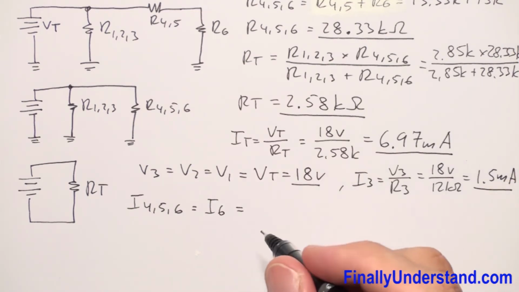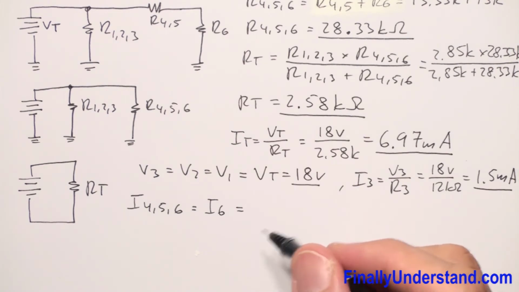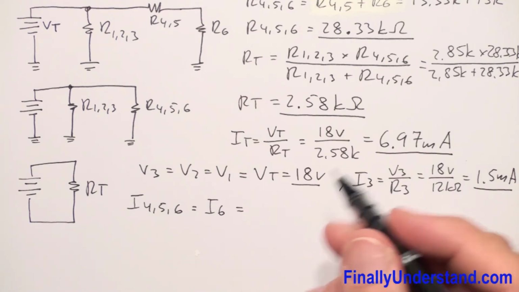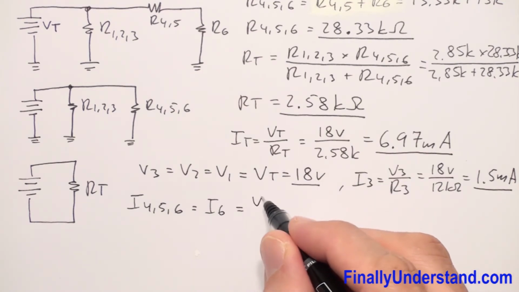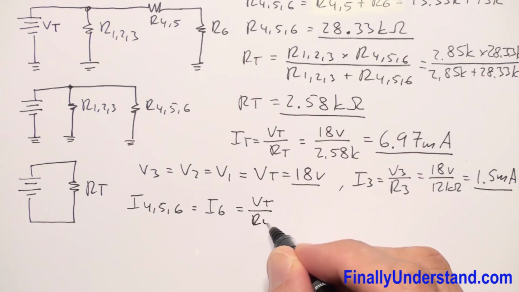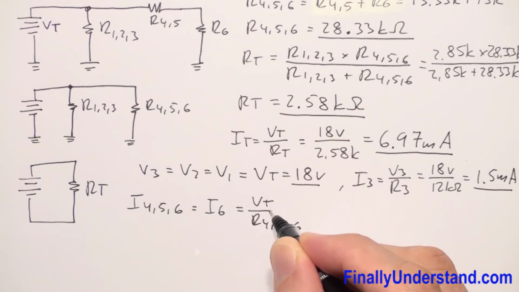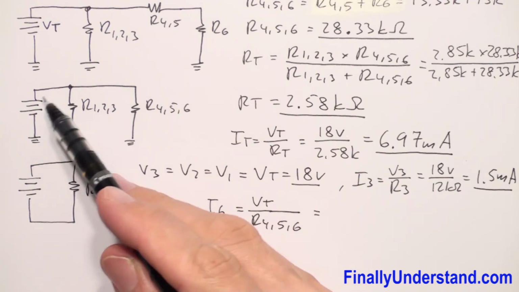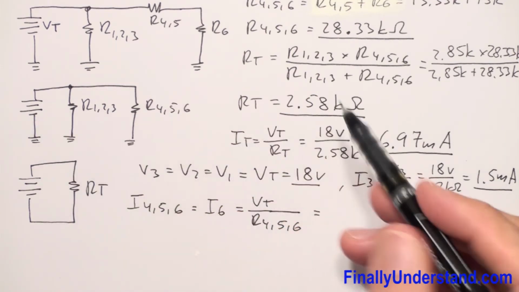So we simply perform the calculations, and we write nothing else, just Ohm's law. So this is V total over R4,5,6.